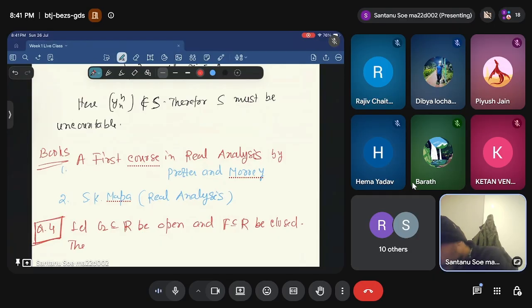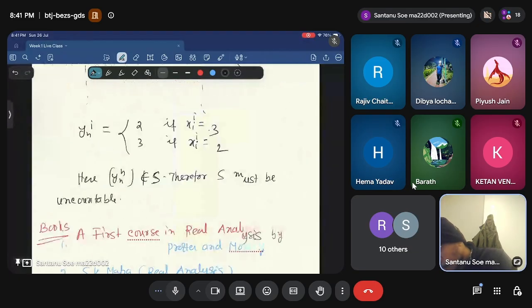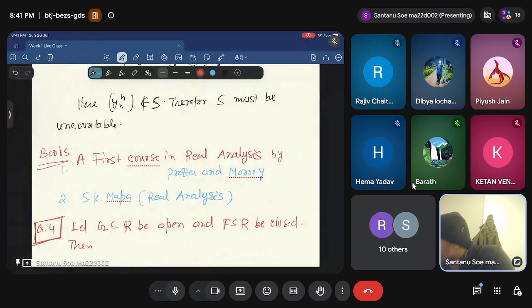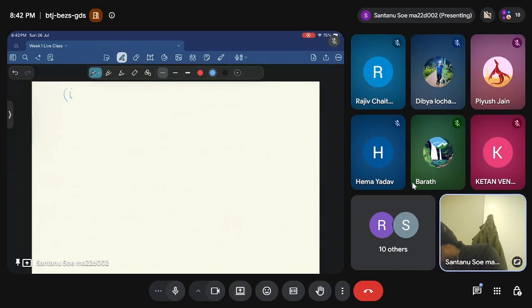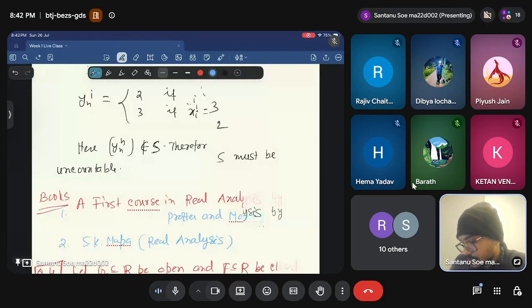Then G minus F is: neither open nor closed, or NOTA. NOTA means none of the above. Okay, so let's come to the question.